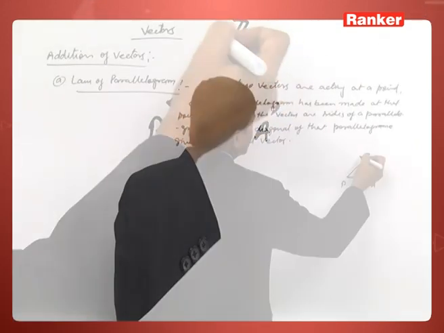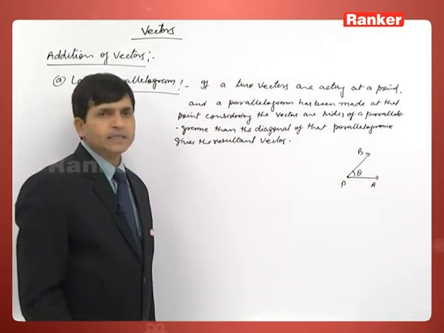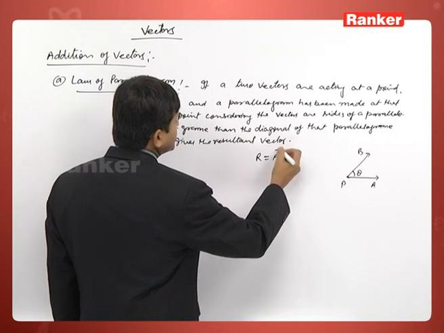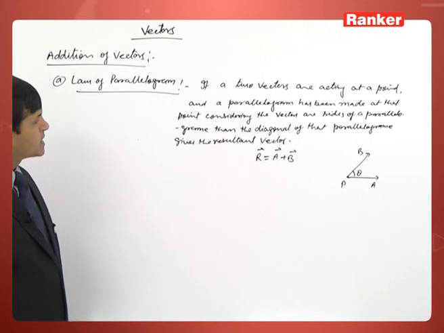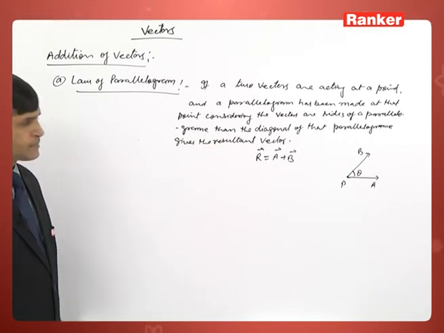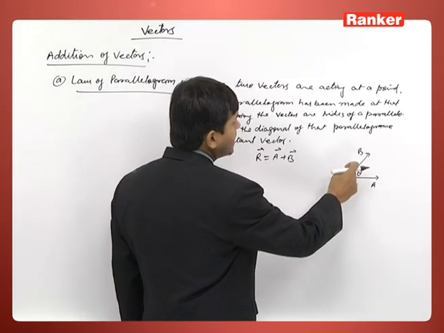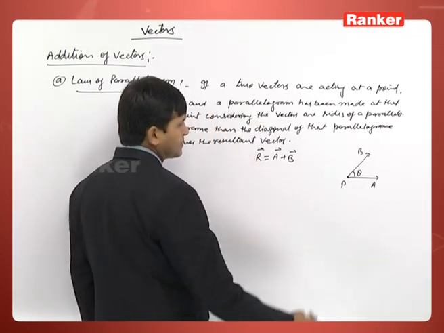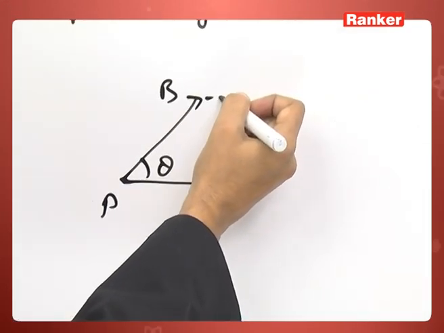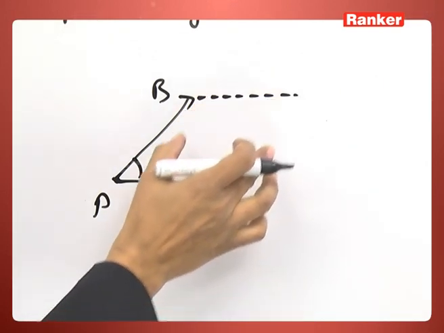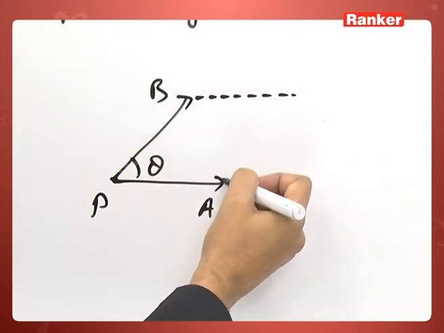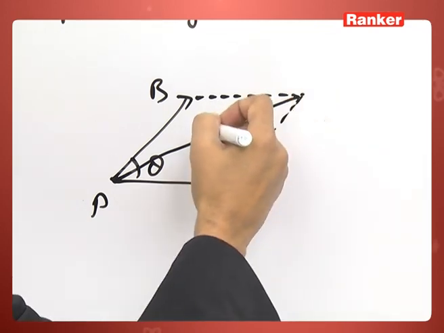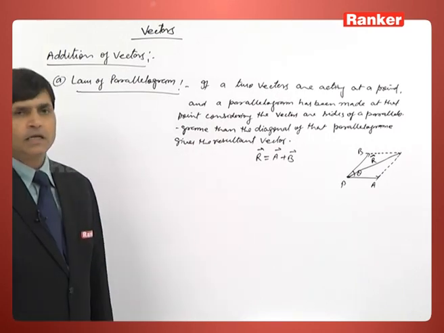One is A, another is B, and these two vectors make an angle theta, and we want the resultant of A plus B. Suppose we want vector R, which is the sum of vectors A and B. According to the law of parallelogram, if these two are considered as sides of a parallelogram and we construct the complete parallelogram, extending this equal to this and then this equal to this, this will be the resultant R. This is the meaning of the law of parallelogram.